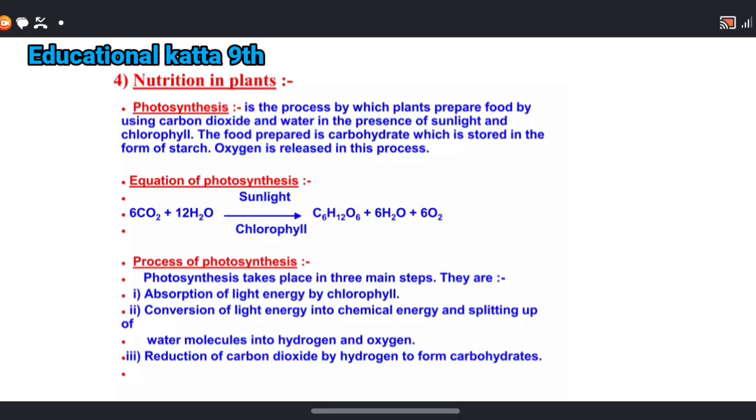That is the first step, absorption of light energy by chlorophyll. Then second is conversion of light energy into chemical energy and splitting up of water molecules into hydrogen and oxygen. And third is reduction of carbon dioxide by hydrogen to form carbohydrates.